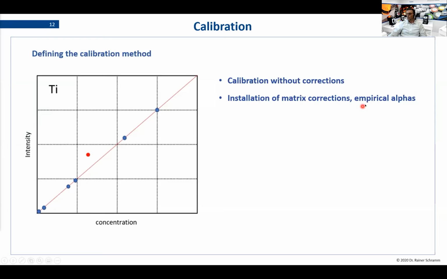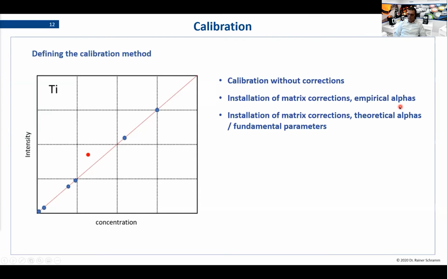One possibility would be to introduce empirical alpha corrections. But for empirical alpha corrections, you need a set of standard samples which really represents all inter-elemental effects. And sometimes you need a very high number of standards for that. If this is not available, you should switch over to a theoretical alpha or fundamental parameter correction.